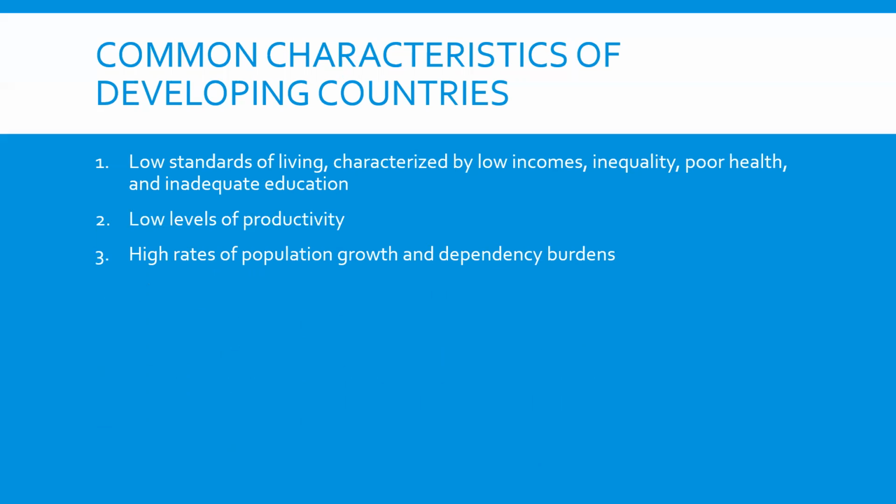So what do we mean by dependency burden? The number of very young people in society who are not able to work yet as a share of the total population. So if your population is growing very, very fast, you have this very high dependency burden, and we see this a lot in developing countries.